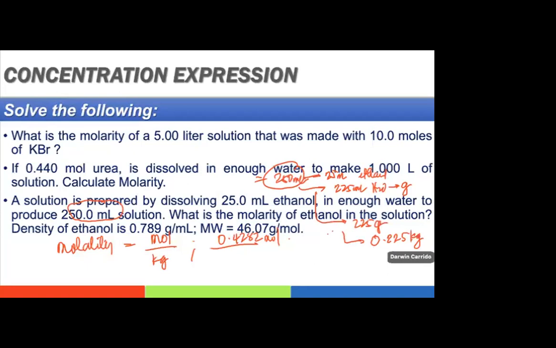And therefore, I know already my denominator, 0.225 kilogram. And what is the molality of the solution? So, divide nyo. 0.4282 mole divided by 0.225 kilogram. 1.903.